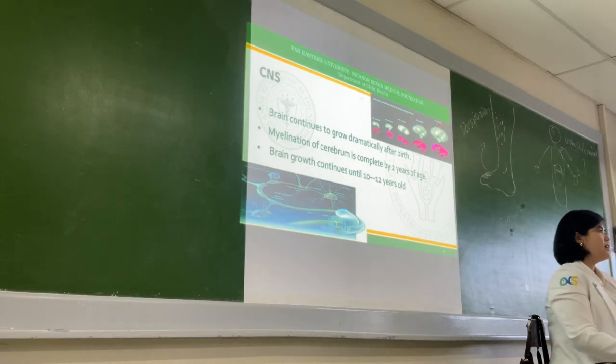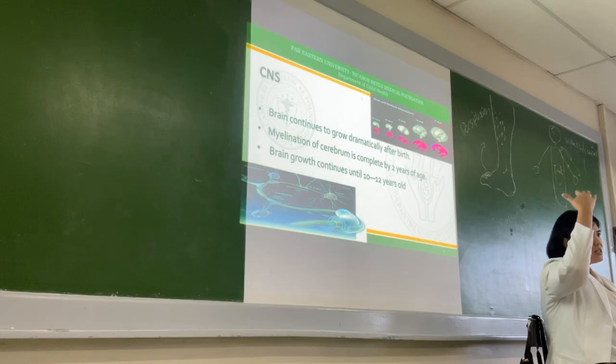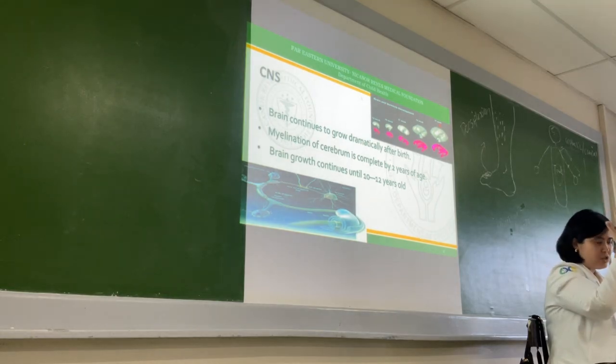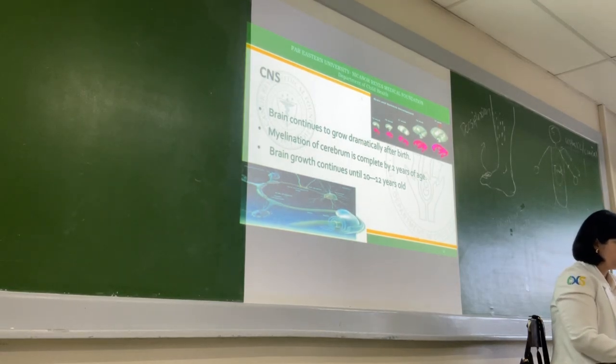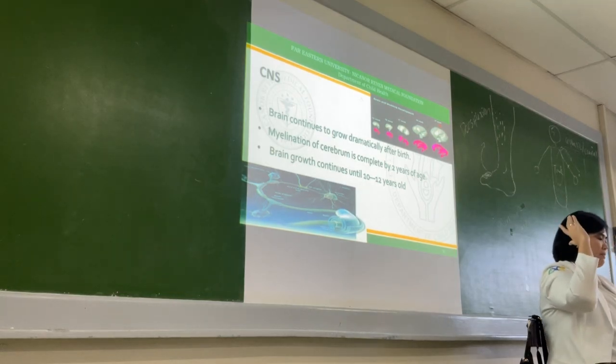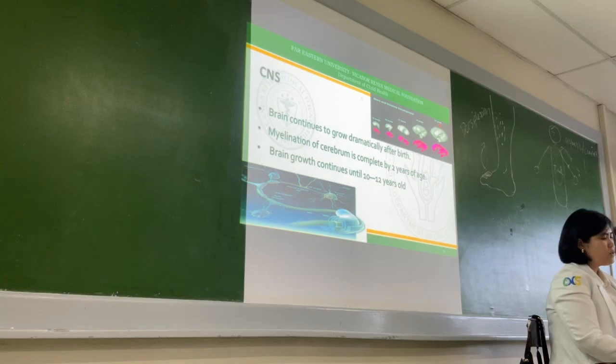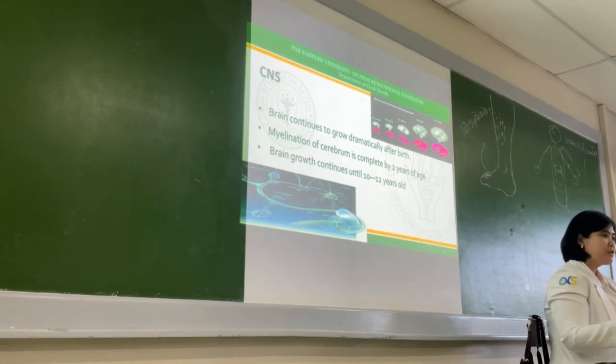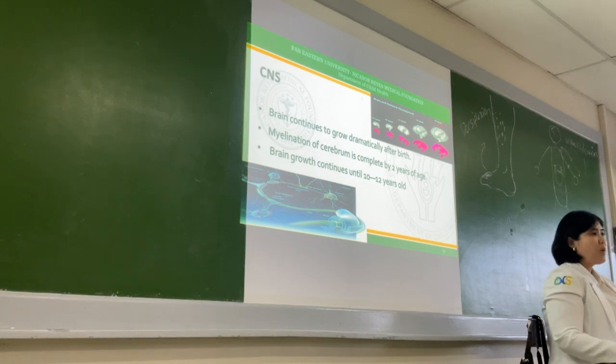So if you feel that you're still impulsive, you're having problems with attention, that's because myelination is still happening. It hasn't reached fully the frontal lobe at that time. Kaya yung cerebrum pa lang, complete na ang myelination by the second year. The most rapid and critical period of brain growth is between conception and the first 2 years of life. That's why early intervention is very important.